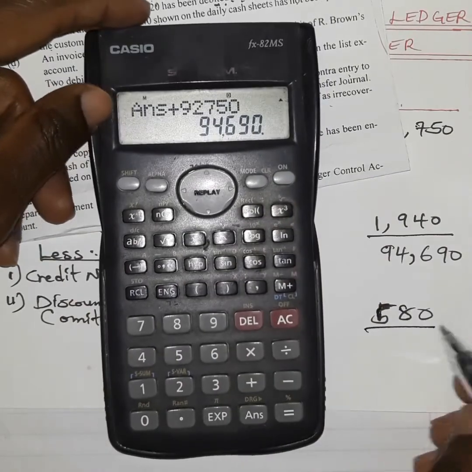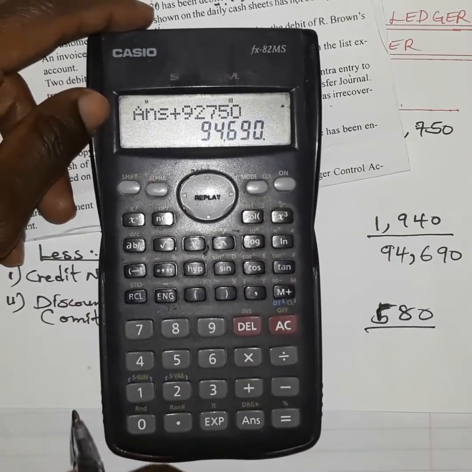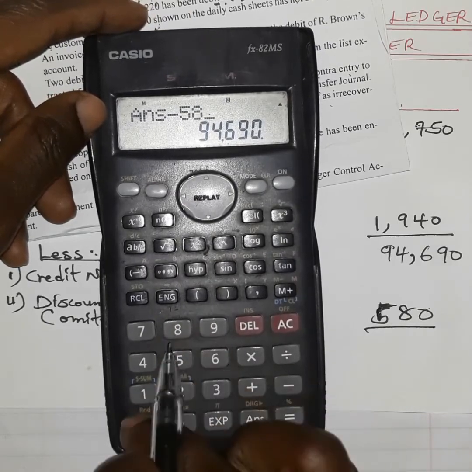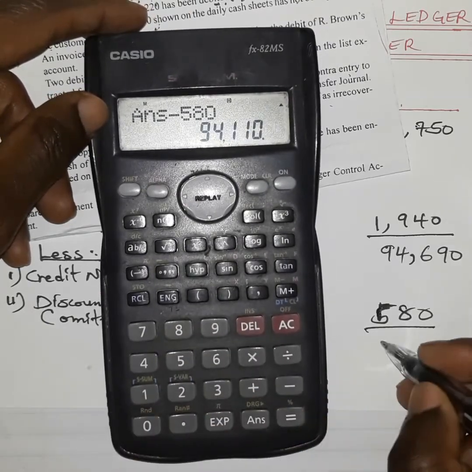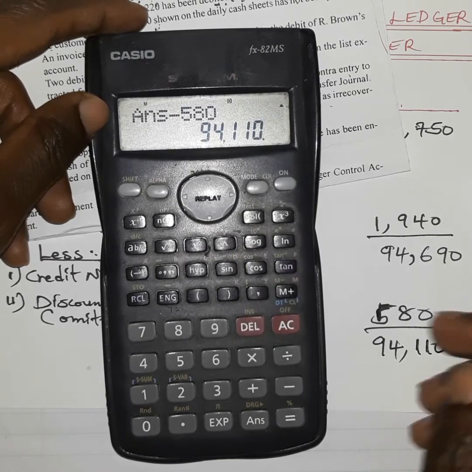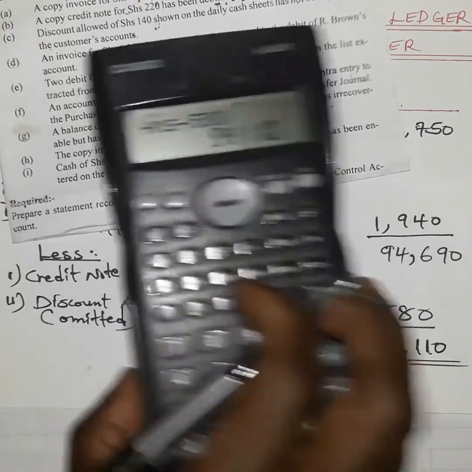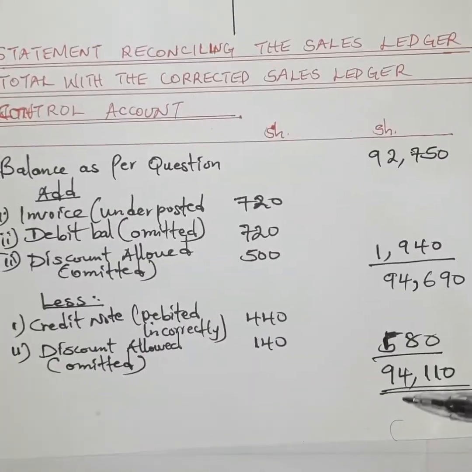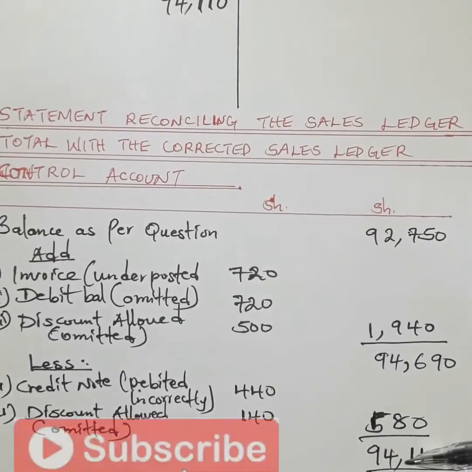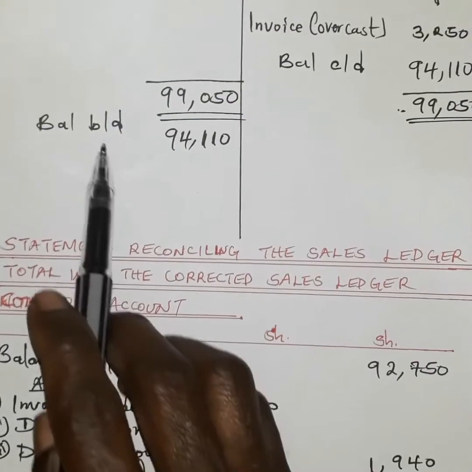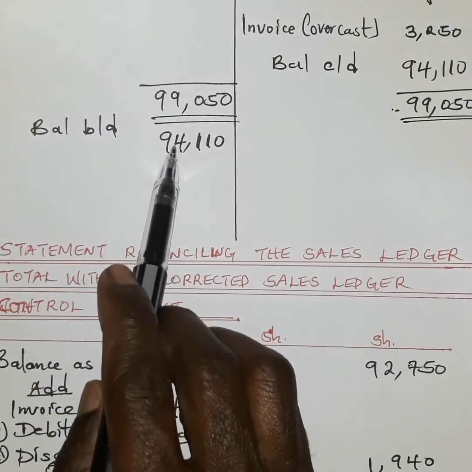So when we deduct 580 from 94,690, we get an amount of 94,110. Now we can see clearly that the balance as per the reconciliation, which is 94,110, is the same as the balance brought down, 94,110.